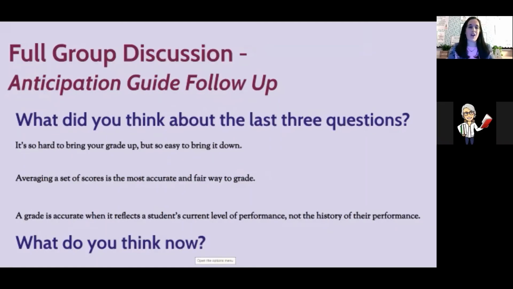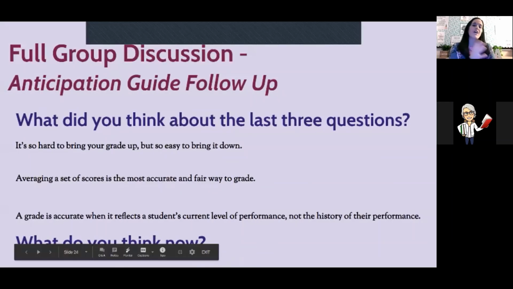They are: it's so hard to bring your grade up, but so easy to bring it down; averaging a set of scores is the most accurate and fair way to grade; and a grade is accurate when it reflects a student's current level of performance, not the history of their performance. We asked you these as statements, to agree or disagree on the anticipation guide. Now, after having answered, what do you think about these questions now?